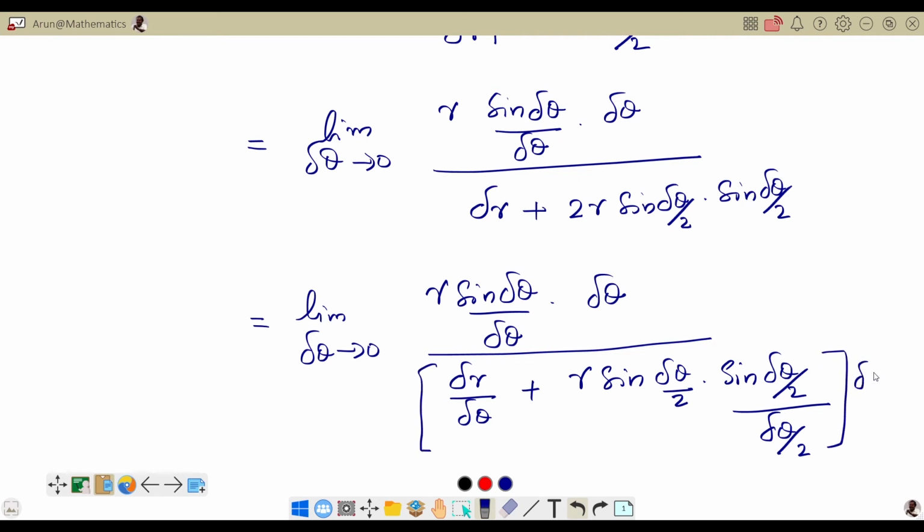This 2 is taken to the denominator of delta theta by 2. So we have multiplied and divided with delta theta.